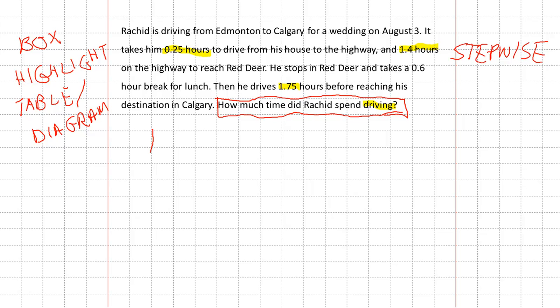Here I'm going to draw the first part of his trip took 0.25 of an hour. Then I go on to read it took 1.4 of an hour. He took the 0.6 break. We're not counting that, so then we're going to go another 1.75 of an hour.